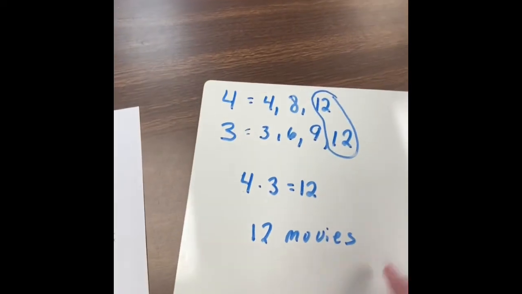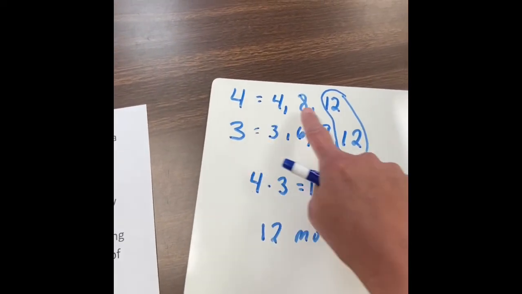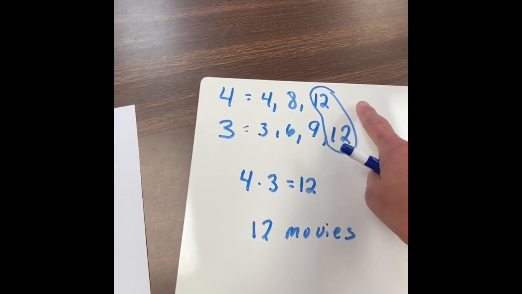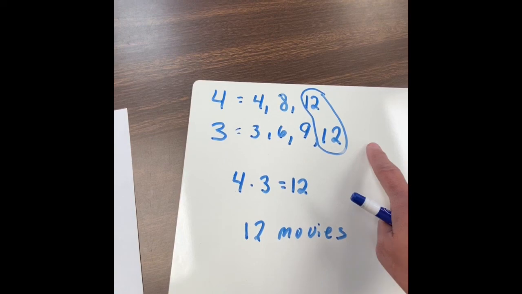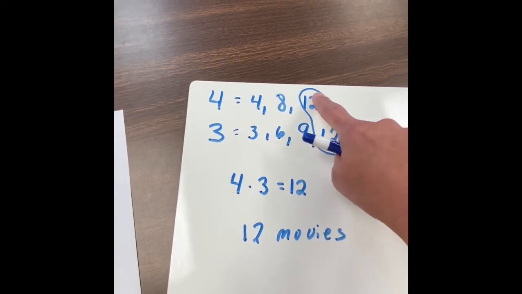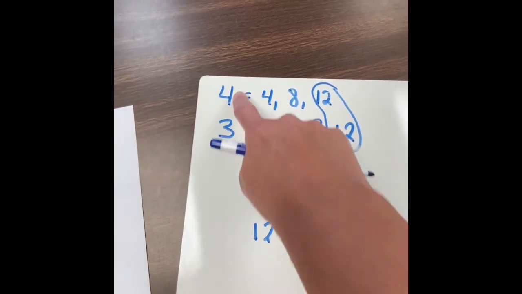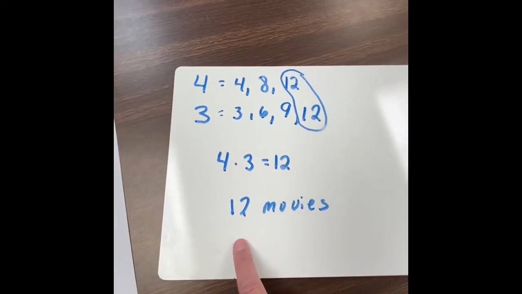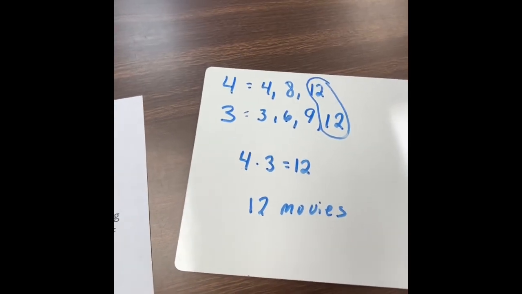So if you come back over here, like we said before, this is the movies purchased that allows you to get the $5 coupon. These right here are the ones that allow you to get a bag of popcorn. So the first one that they have in common, the least common multiple of 4 and 3, is 12. So on the 12th movie, they would have to purchase 12 movies before receiving both.